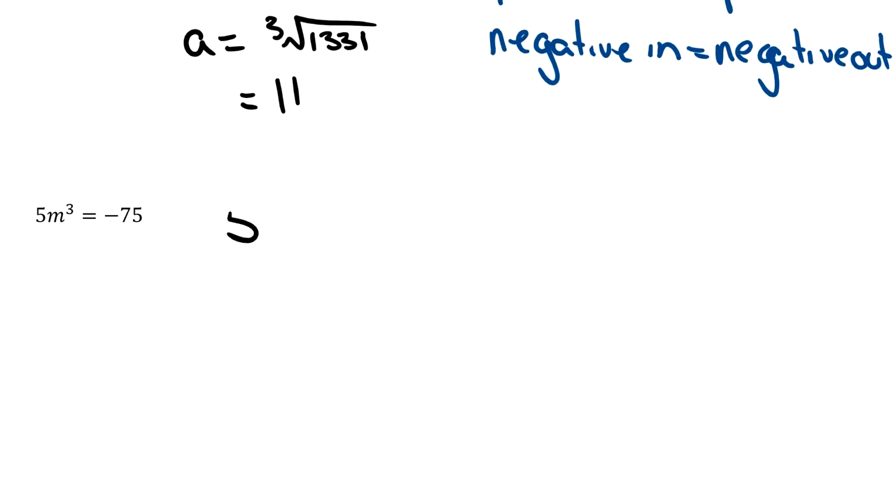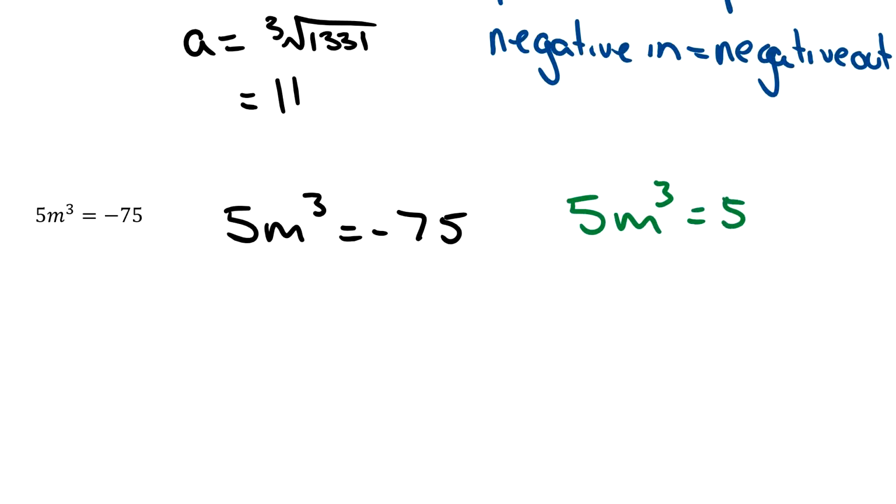So here we have 5m cubed equals negative 75. We need to remove our 5 first. Now remember, 5m is the same as 5 times m. So we're going to divide both sides by 5.